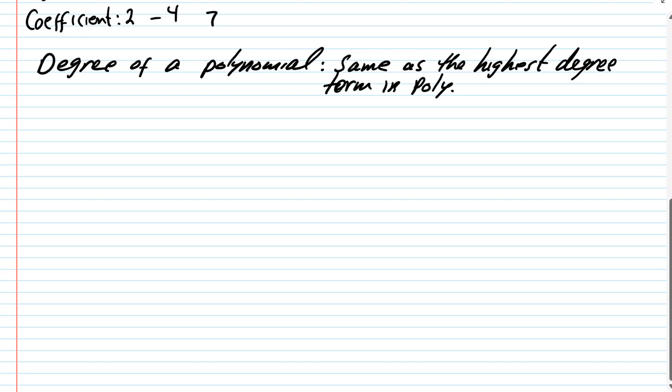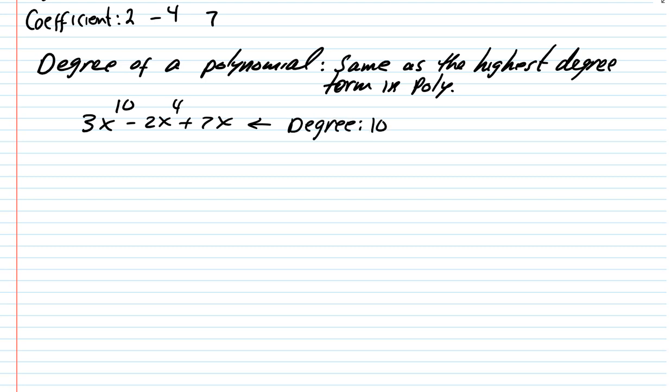Suppose my polynomial is 3x^10 - 2x^4 + 7x. Well, the highest degree term is this one, the first term. So the degree of this polynomial is 10. This is a 10th degree polynomial.